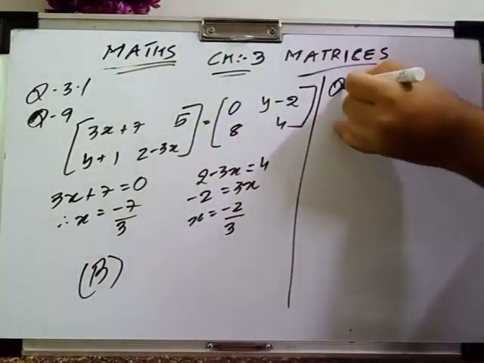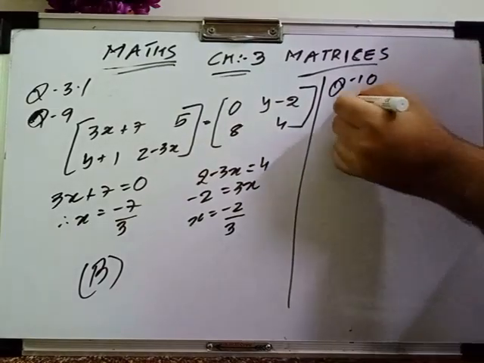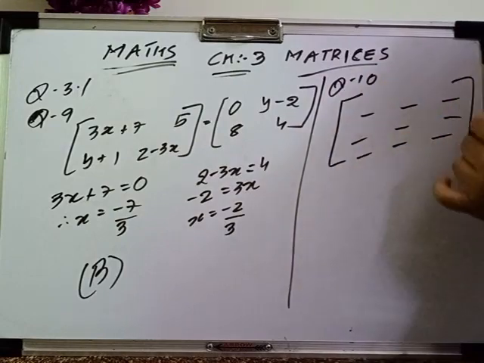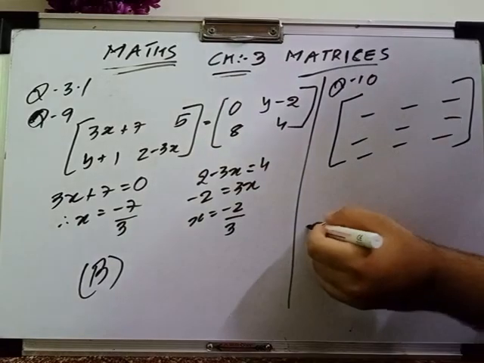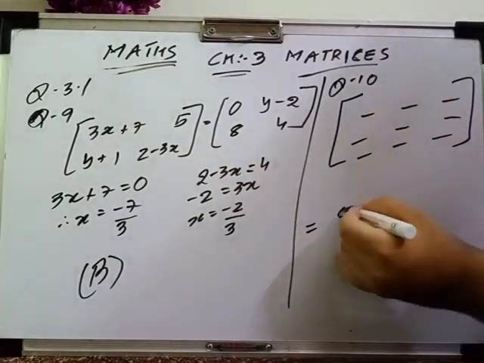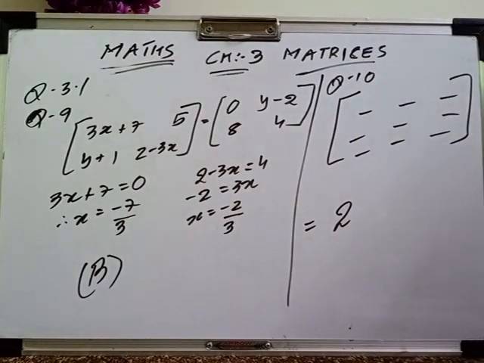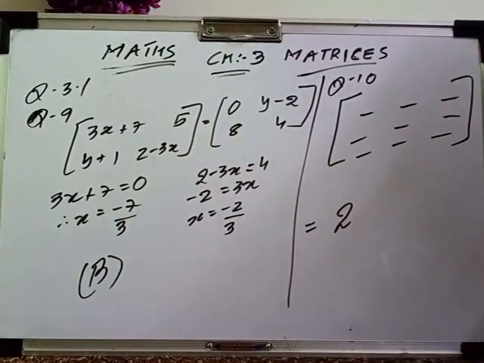Let's try to understand the 10th MCQ, where we are asked to form a 3 cross 3 matrix and the elements or entries should be only 0 or 1. So you can see that I have just two possibilities, either 0 or 1, and I have 9 possible places for that.